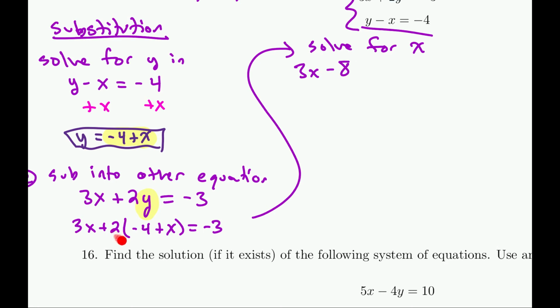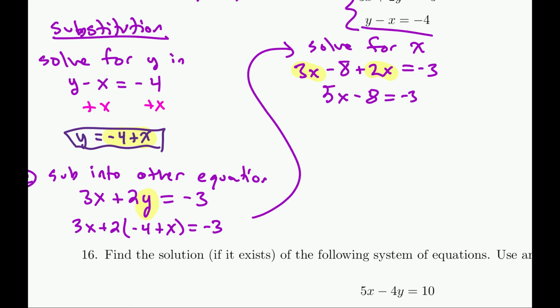And then 2 times x is going to be 2x, and then equals minus 3. We're trying to solve this for x still. We should combine our x's. We got a 3x and a 2x. Add those together, we get 5x minus 8 equals negative 3.